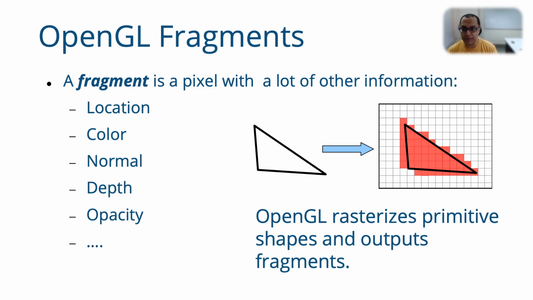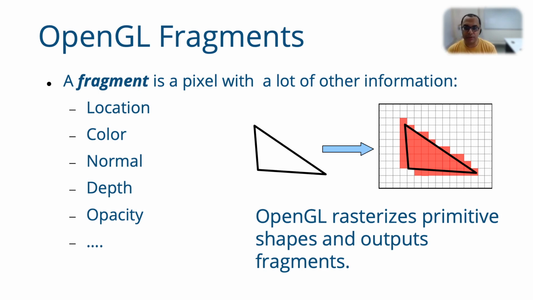So what is a fragment? OpenGL calls a pixel a fragment, but that pixel has a lot of other information. It obviously has the location of the pixel in the frame buffer, which is just the x and y coordinates of the pixel on the grid. Then it contains color.